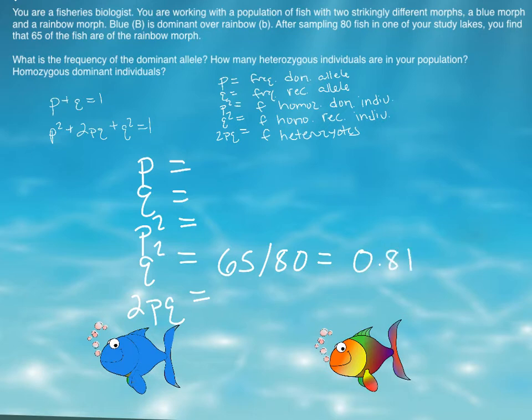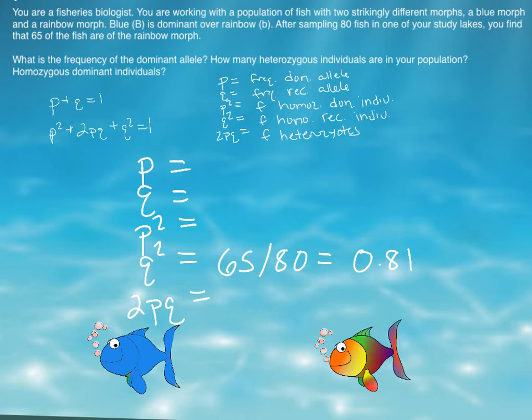So given q squared, what's the next piece we can find out? Well, another place where people trip up is thinking that now that we know q squared, we can solve for p squared by simply subtracting q squared from 1, but that doesn't quite solve our problem, as p squared, those dominant individuals, could be homozygous dominant, or they could be heterozygous dominant.